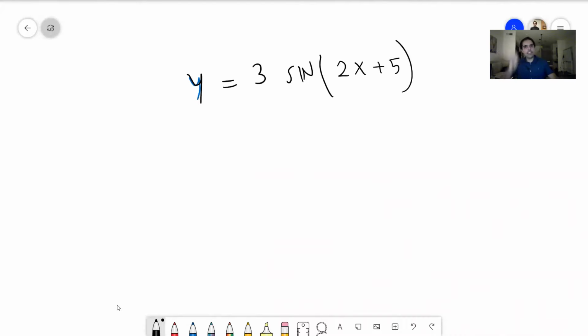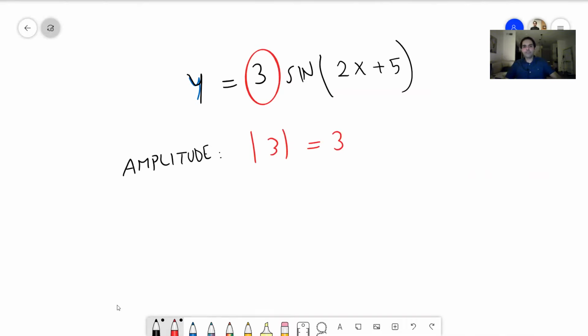Something like that. Then there are a couple of things. One, it's called the amplitude. The amplitude is just the absolute value of this outside number. So with the absolute value of 3 here, which is 3.